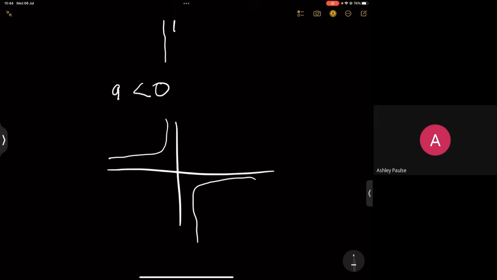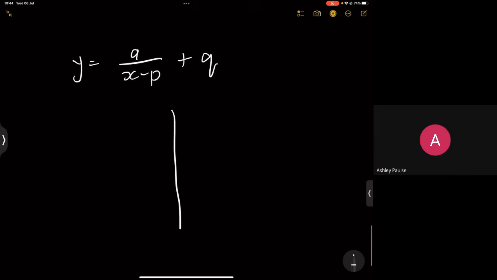Now, this is where the asymptotes come in. If I've got y is equal to a over x minus p, plus q, please note this: it means this hyperbola has now been shifted. Note very carefully, I would have an asymptote at p.